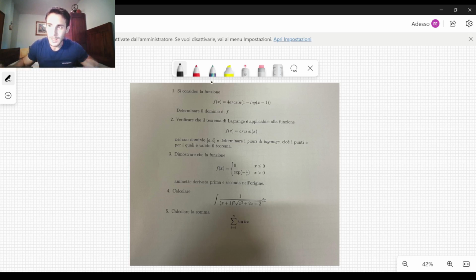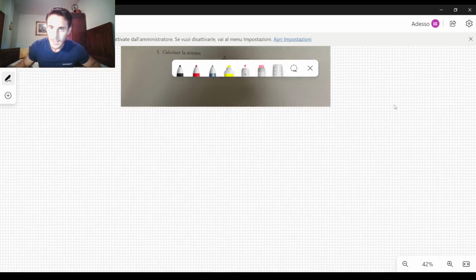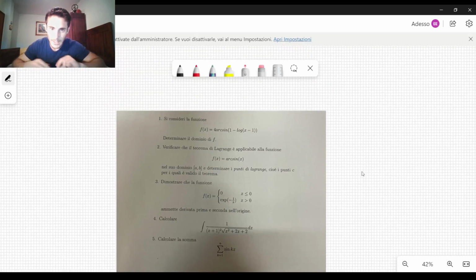So we will start with this in this video. In the next video we will solve the second one. Then there will be a third video, a fourth video, and a fifth video. These videos will be short because these are not very complicated exercises. They are calculus problems, and this was an exam at a university of mathematics in Italy.